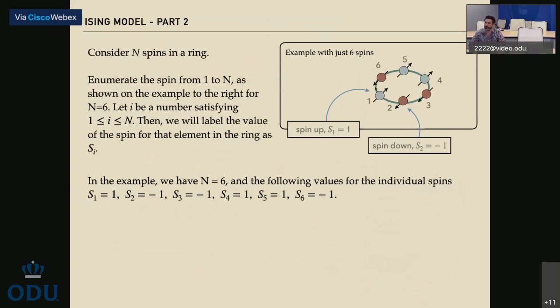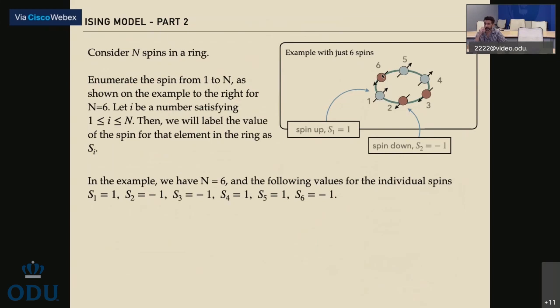So we're going to put little spins in a ring, okay? And we're going to enumerate the spins from 1 to n. Okay, and in this example, n is 6, but in other examples, we're going to pick it to be different values. Okay, and we're going to number them 1, 2, 3, 4, 5, 6, and so forth.